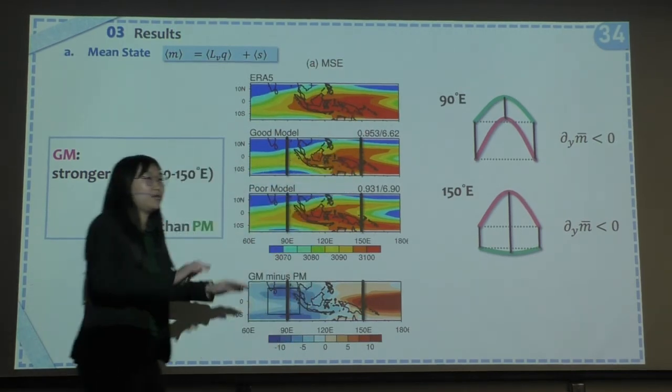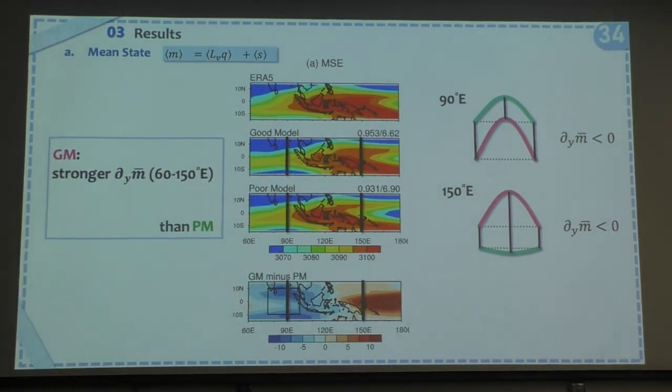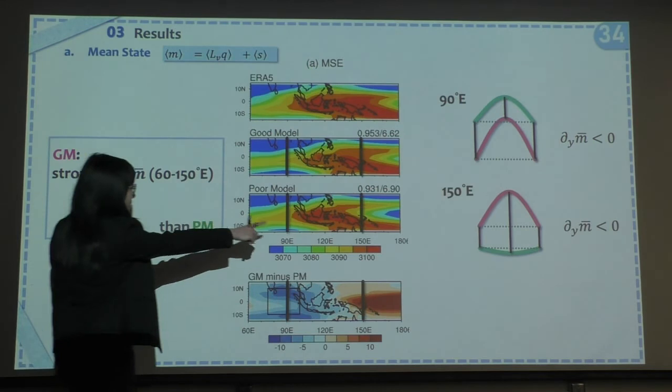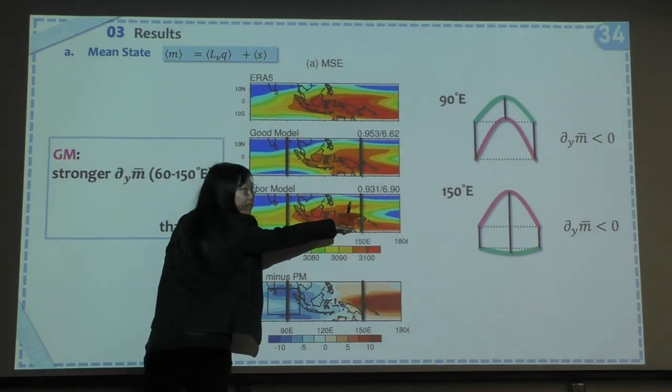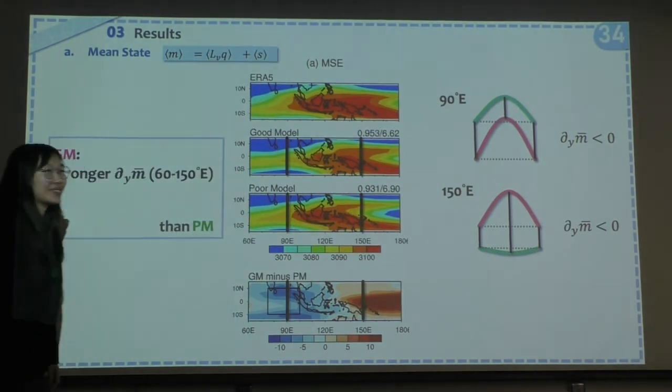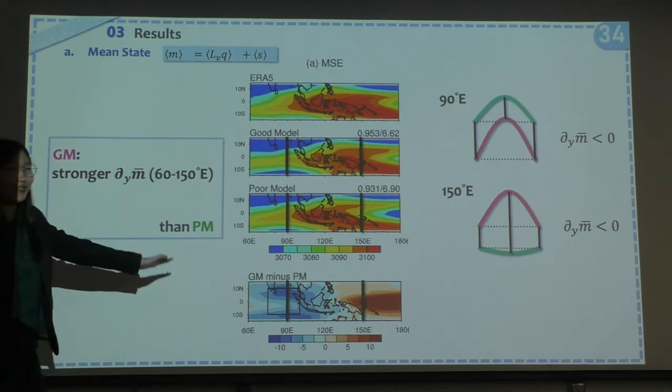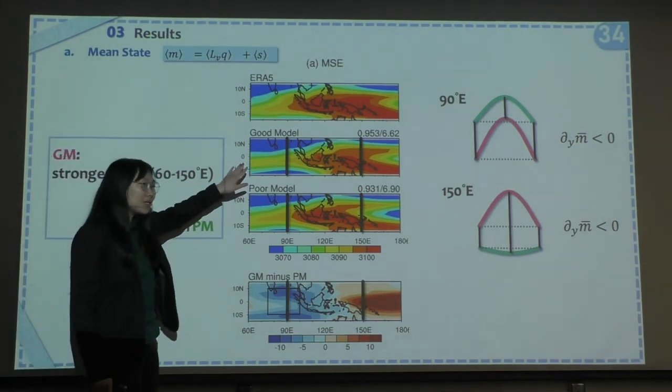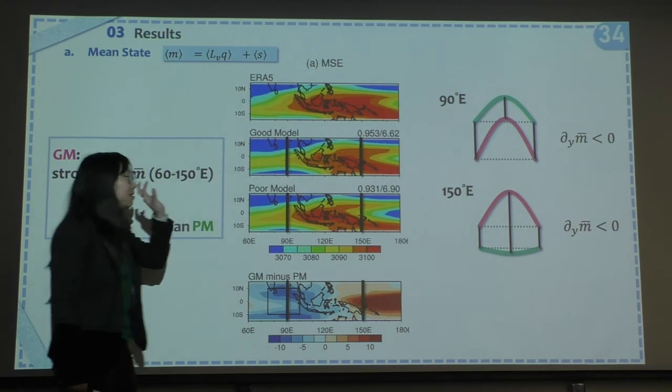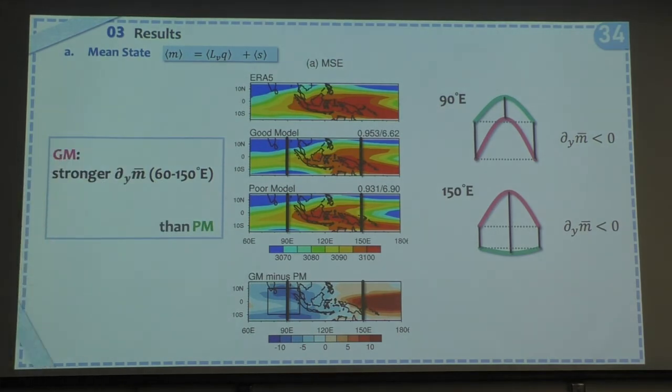So I think their distribution is similar to the good model. But in the poor model, you can see they are different over here. Yes. I just emphasize the good model and the poor model. But I think the good model shows a similar pattern to ERA5, but weaker than observation.